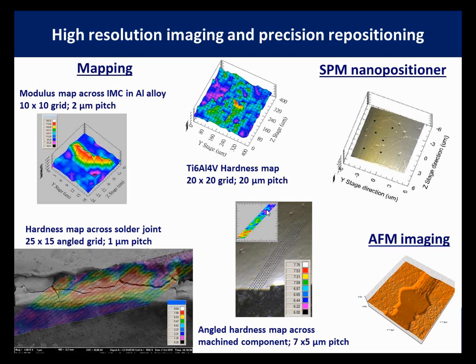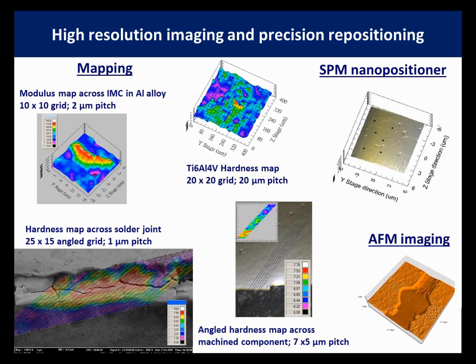And this is now on a machined component. You can see the work hardening that's been generated by the machining of that component. So very quantitative information. You can also use 2 different optional modules.